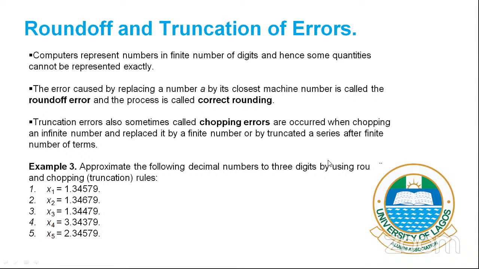Okay. So we are given X1 equals 1.34579. I think this is up to 5 decimal places. So we are meant to round it to 3 decimal places, both by rounding off and by truncating. Next slide, please.